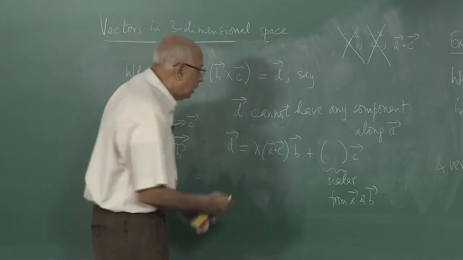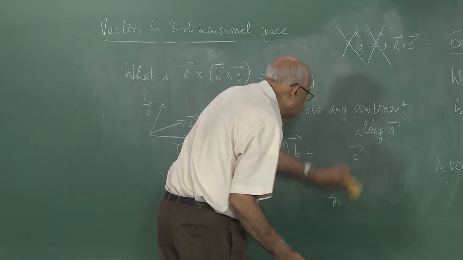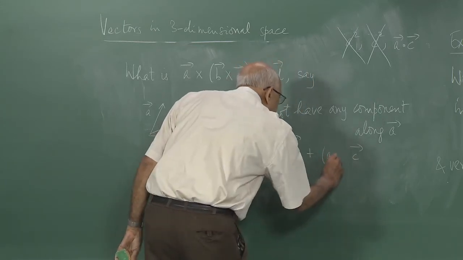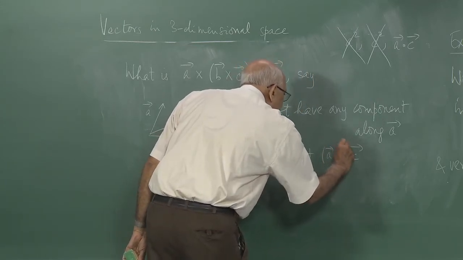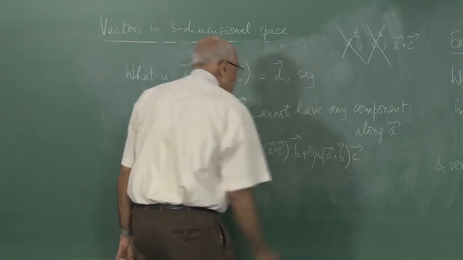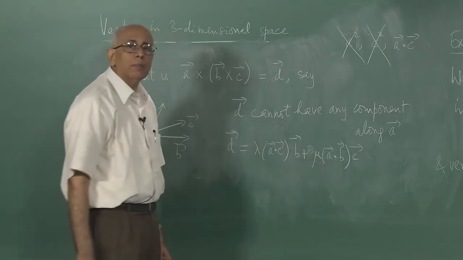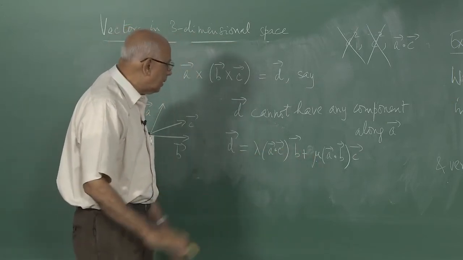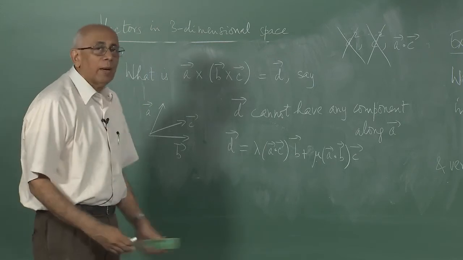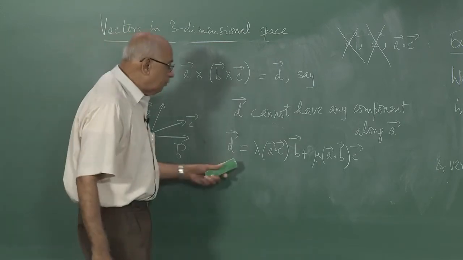Similarly, the same argument says this must be A dot B, and it must be multiplied by some number mu. So these are absolute constants, pure numbers, nothing to do with A, B, C, like 2 pi or 4 or whatever. Okay. So that is a formula for D.